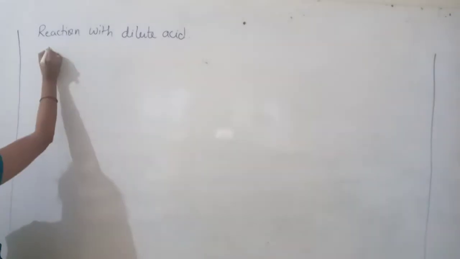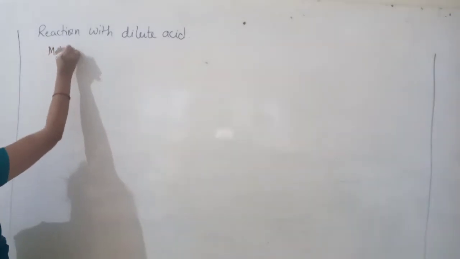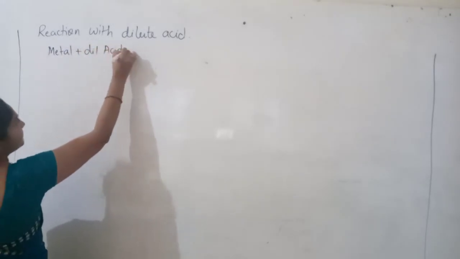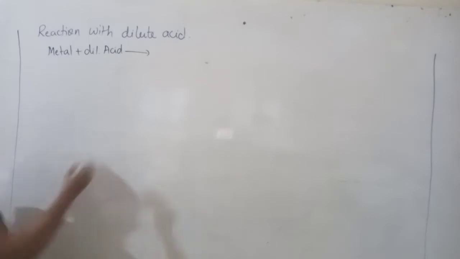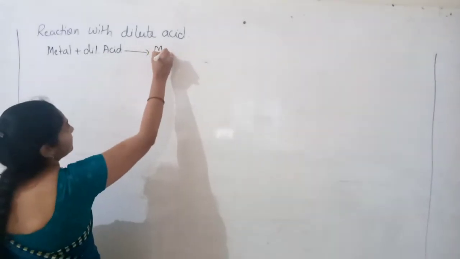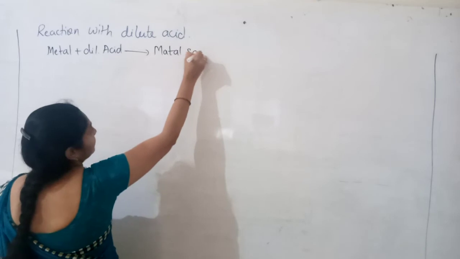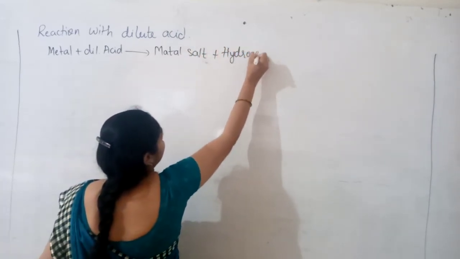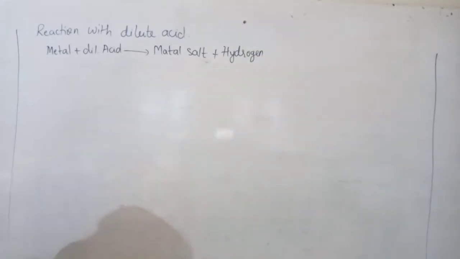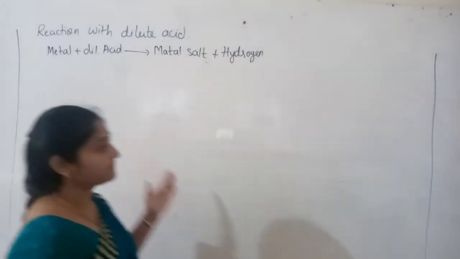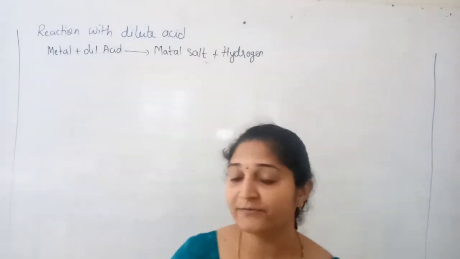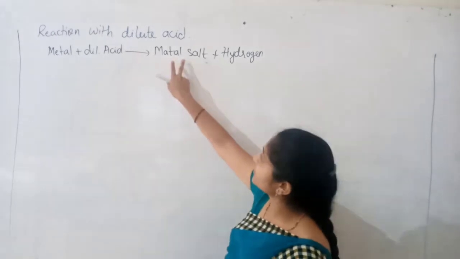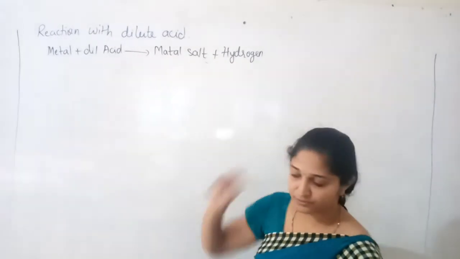Yes, metal plus dilute acid is going to produce metal salt plus hydrogen, right? In general, this represents the general form of when metals react with the dilute acid, they are going to produce metal salt and hydrogen.